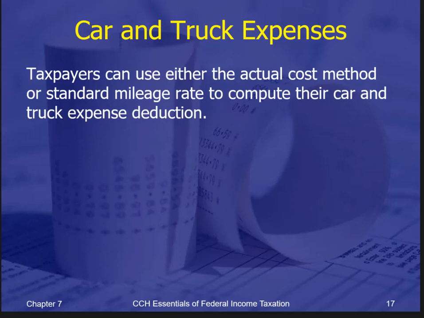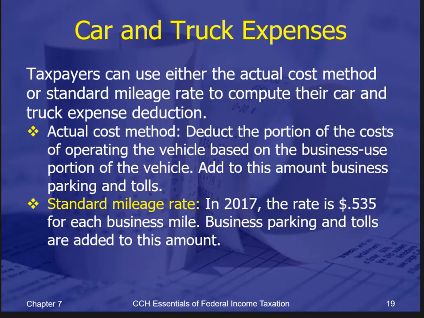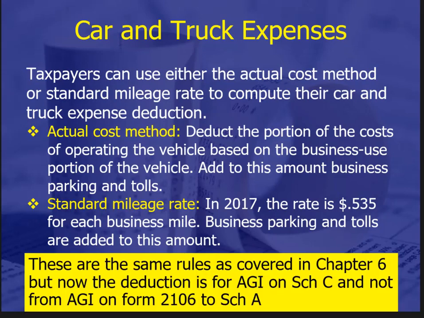So a couple of things that are common and may need a little more explanation. Car and truck expenses, you'll remember the option of using the standard mileage rate or actual cost method we talked about in Chapter 6 for employees. Now we're going to talk about it in terms of Schedule C and being self-employed.